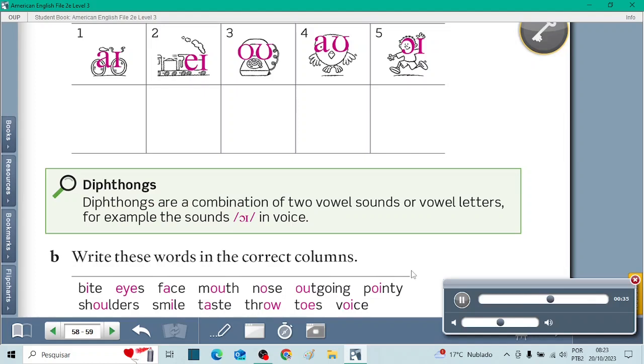Shoulders. Throw. Toes. 4. Owl. Ow. Mouth. Outgoing. 5. Boy. Oi. Pointy. Voice. Great.